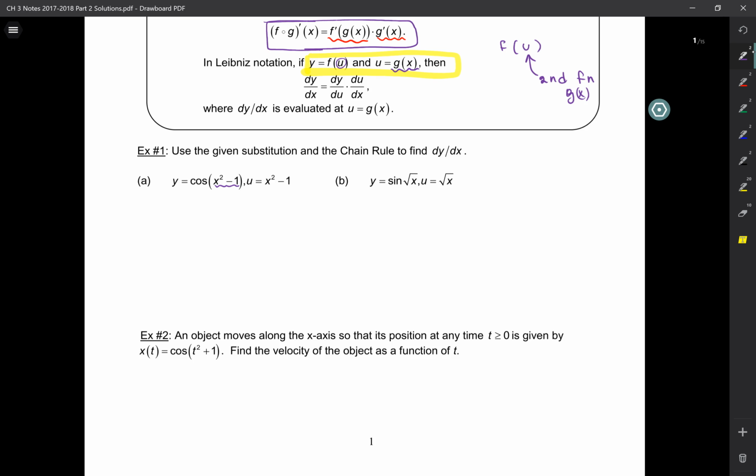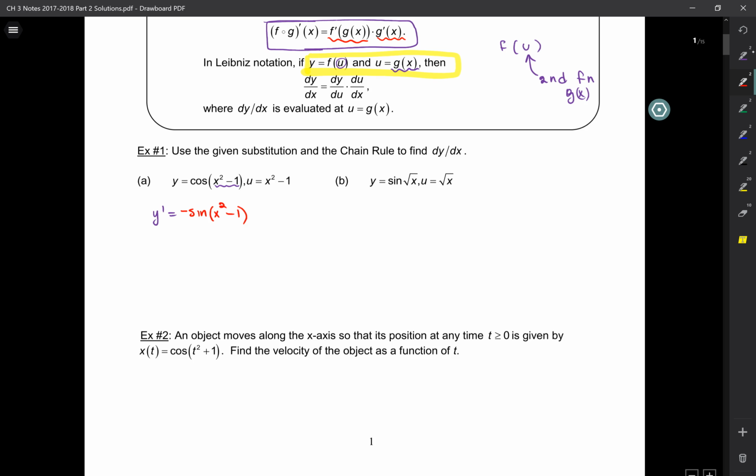Now we're going to find y prime. First, we have to take a derivative of f of u. What is f of u? It's a cosine. So if I take a derivative of cosine of x squared minus 1, what will I get? Negative sine of x squared minus 1.